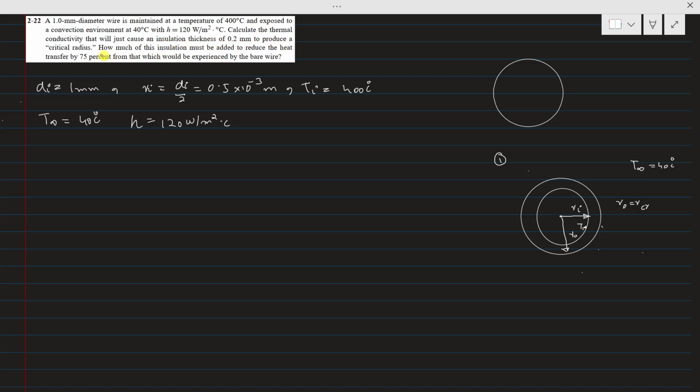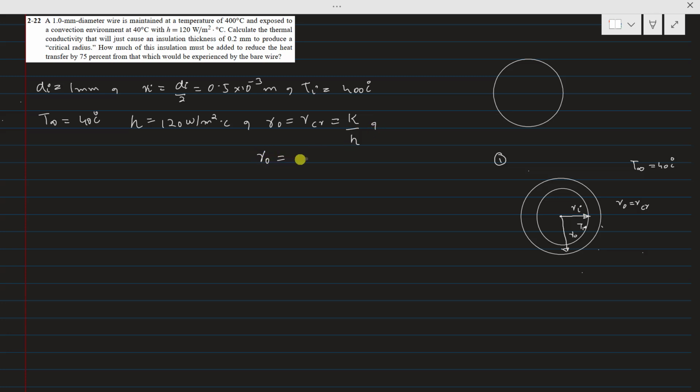to produce the critical radius. As I already said, the insulation provided over this wire is equal to its critical radius. So we can say that R0 is equal to RCR, where the subscript CR represents critical radius, and that is equal to K by H. And what is R0?